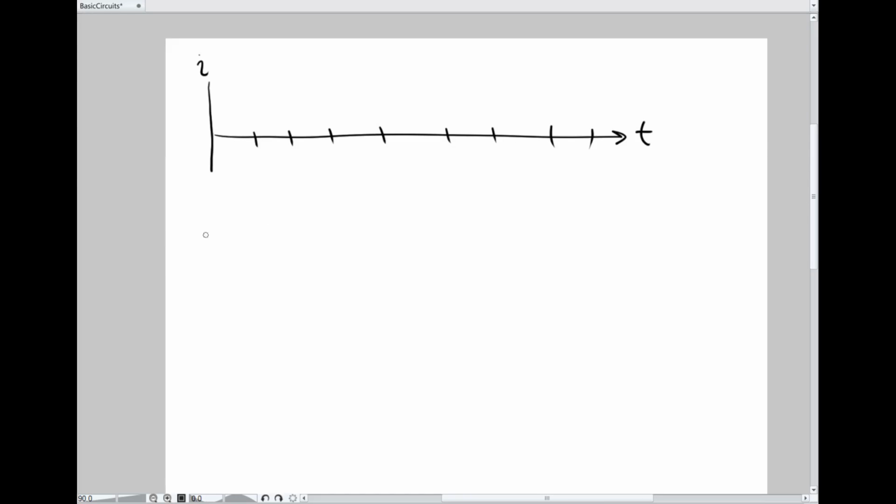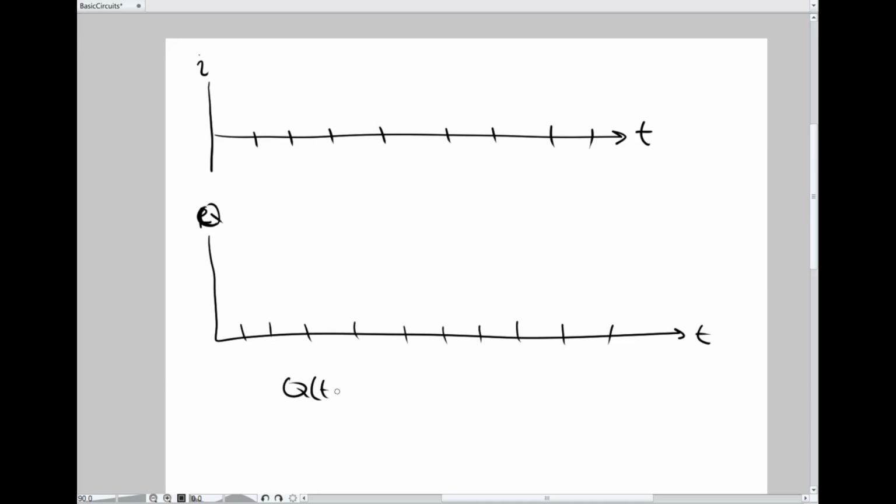And you're asked to make a graph of charge, Q, with respect to time. And you're given some initial condition like Q at time 0 is equal to 0.